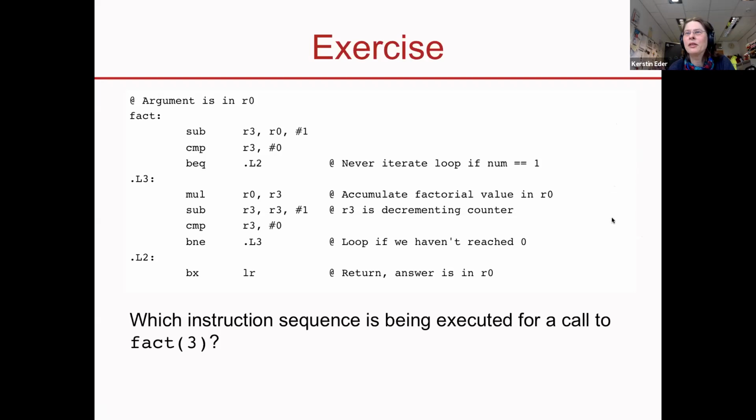Who else have we got? Subtraction, comparison, branch. Yep, so we've got some.